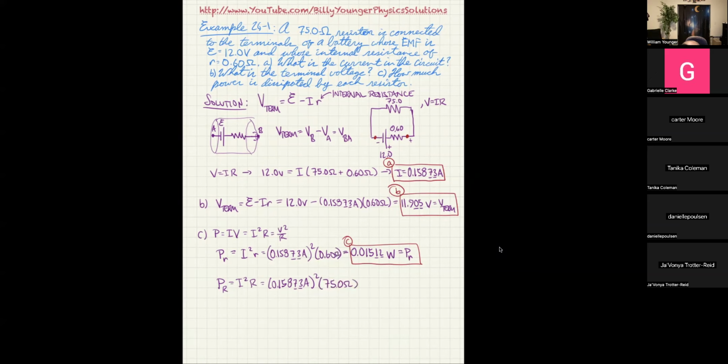Okay, so I'm going to say times 75. Now this one will actually have 3 sig figs, so that'll be nice. And with this one, we actually get an answer of 1.88. That's all the sig figs are supposed to have, so I'm going to add 2 more in case we need anything. So that'd be a 9.6. And that's watts, and that's P sub big R for the 75 ohm resistor.